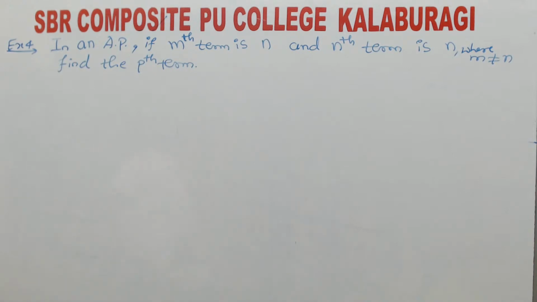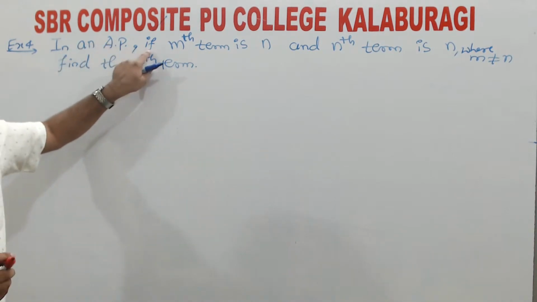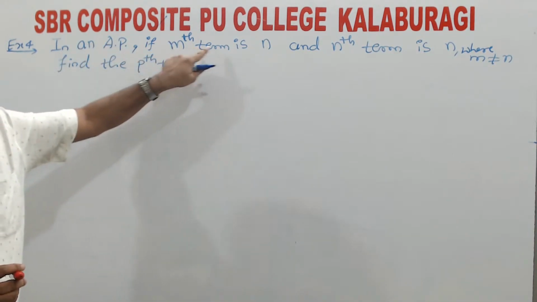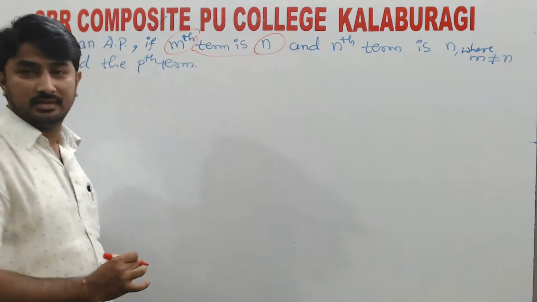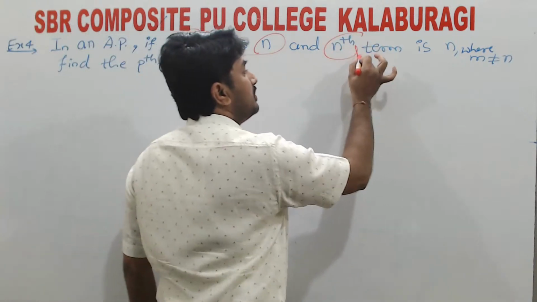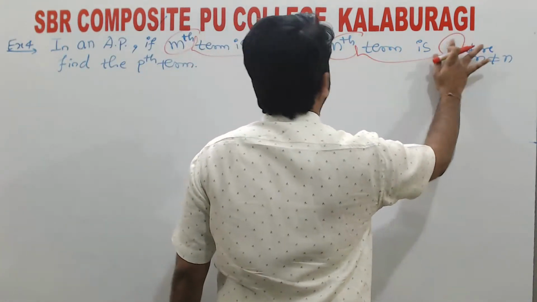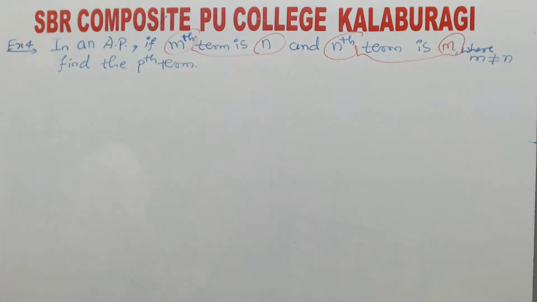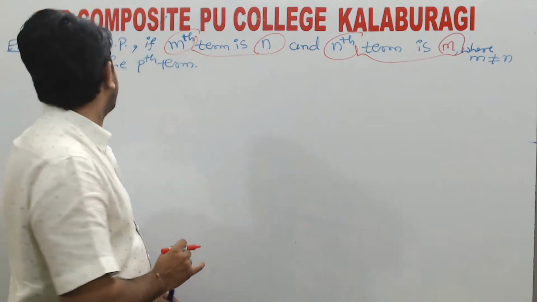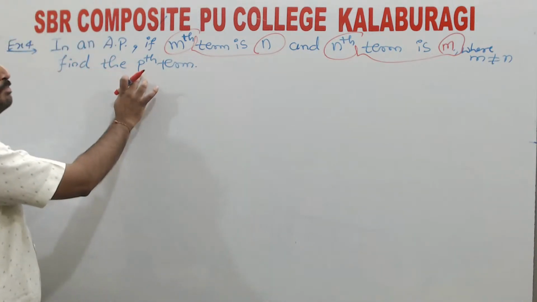What is given? In an AP, the mth term is n, and the nth term is m, where m is not equal to n. We have to find the pth term.